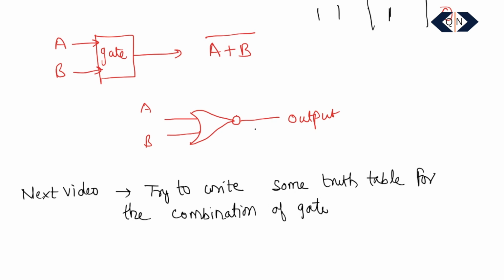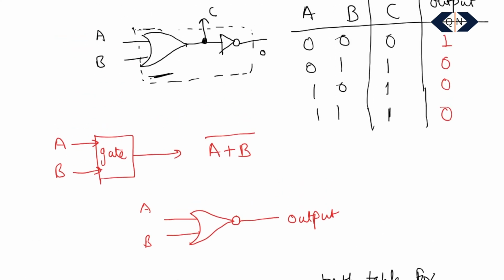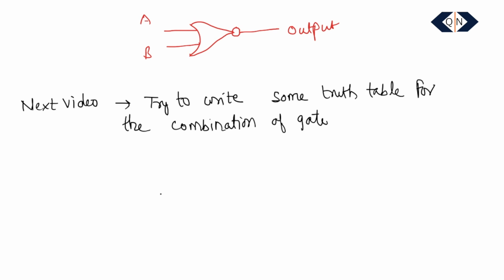Today also we have written truth tables for a combination of gates. Here we are combining OR gate and NOT gate. Tomorrow we will try to combine OR gate, NOT gate and AND gate also. Try to look at the combination of 2 to 3 gates.